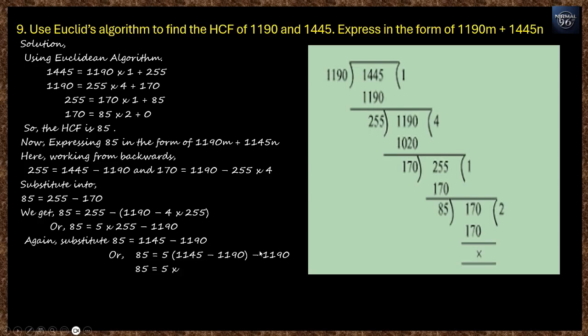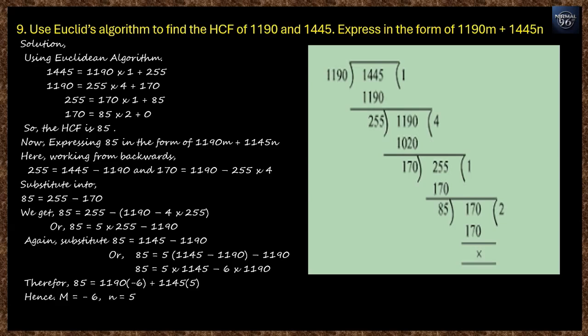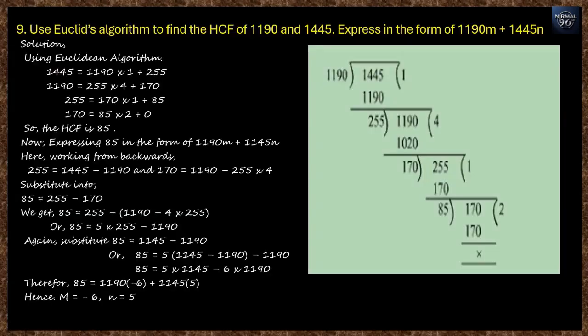Again 85 equals 5 into 1445 minus 6 into 1190. Therefore 85 is equal to 1190 multiplied by minus 6 plus 1445 multiplied by 5. So hence you can write m is equal to minus 6 and n is equal to 5, and this is the answer.